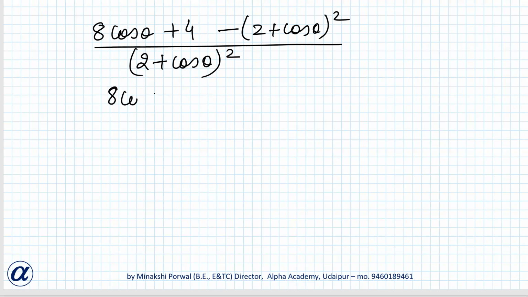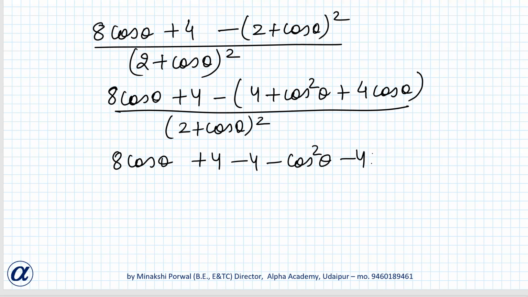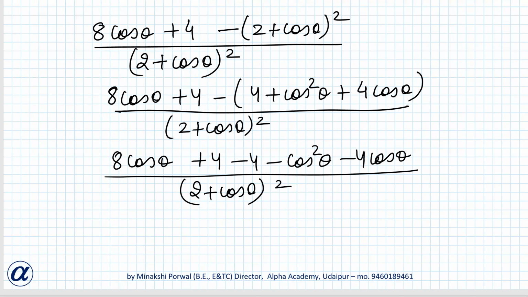So 8 cos theta plus 4 minus (4 plus cos square theta plus 2ab, so 4 cos theta), upon (2 plus cos theta) the whole square. So it is 8 cos theta plus 4 minus 4 minus cos square theta minus 4 cos theta, by (2 plus cos theta) the whole square. So this and this cancel.